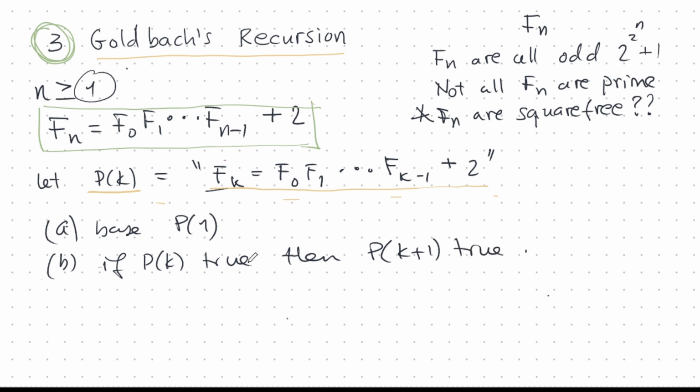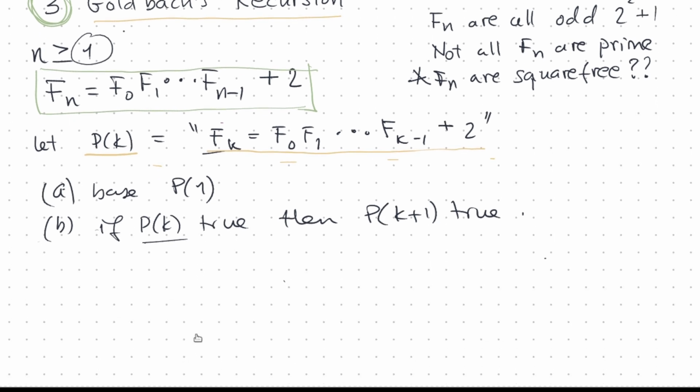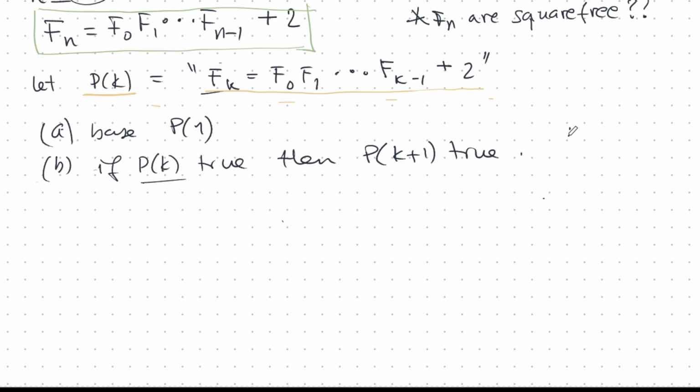So in fact, I'm not proving Pk, I'm assuming Pk is true, and then I'm proving Pk+1 is true. I will leave some links to induction stuff that I have done before, and in fact, I think I have a playlist full of it.